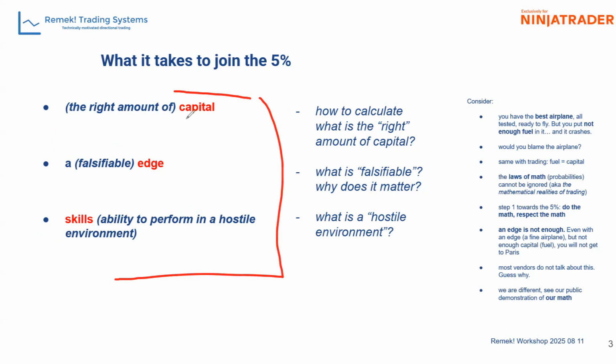And again, we will need to spend a little time on all three later on. The laws of math, probabilities cannot be ignored. There are mathematical realities of trading. One, if not the biggest reason of not being successful, is ignorance of the math, ignorance of the numbers.